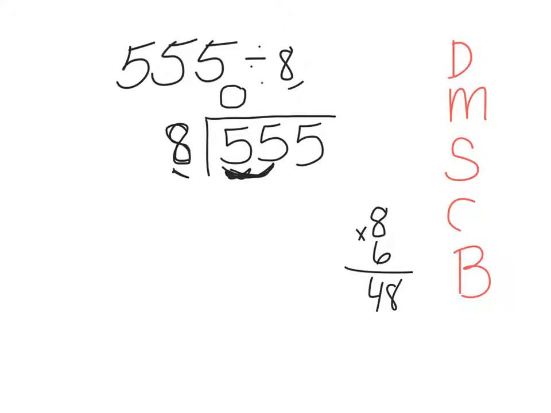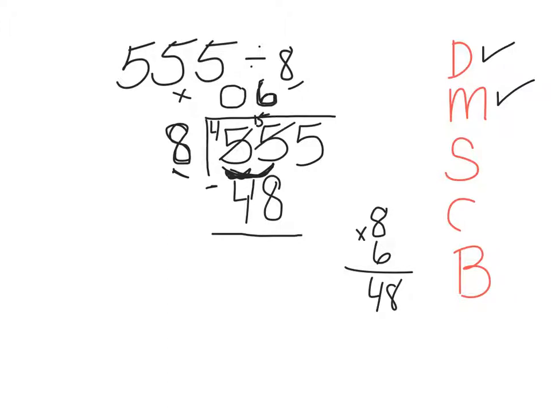So let's put a 6 up here. So we divided. Remember our little multiplication sign hides off to the side. Let's do 6 times 8, which is 48. We already did our work off to the side. Let's subtract. We need to do some borrowing. The 5 in the tens place becomes a 4. That becomes a 15. 15 minus 8 is 7.